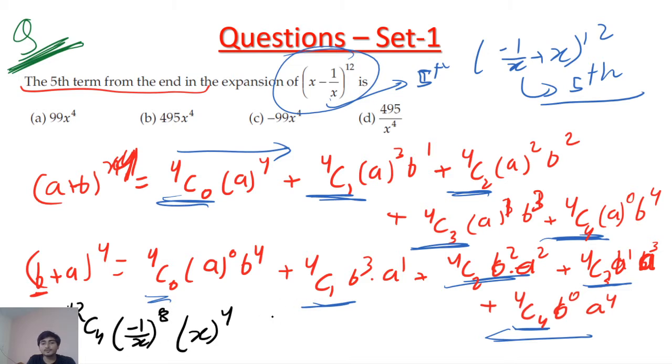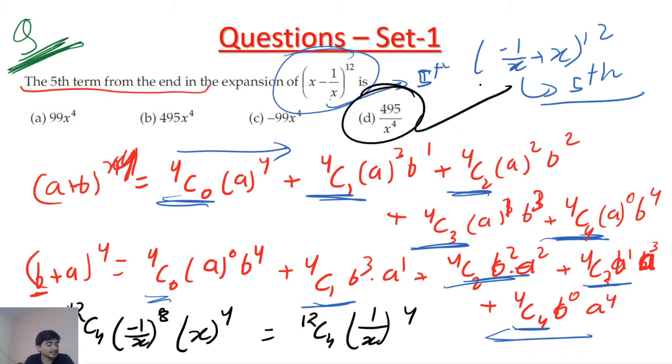You can easily see this equals 12C4 into 1 by x to power 4. So 1 by x to power 4 is in which case? D. So D is the correct answer. From now onwards, either go from behind, meaning in reverse, or directly interchange the positions of both. You will get the same answer.